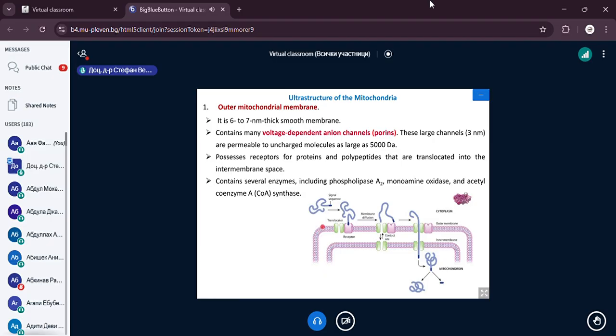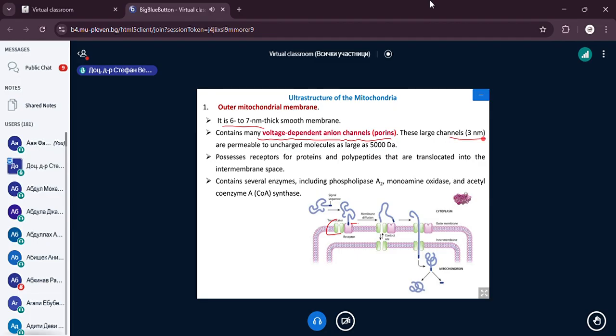This membrane is usually thick, 6 to 7 nanometers, and it contains many voltage-dependent ion channels which are called porins. You can see these porins here. They form large channels.